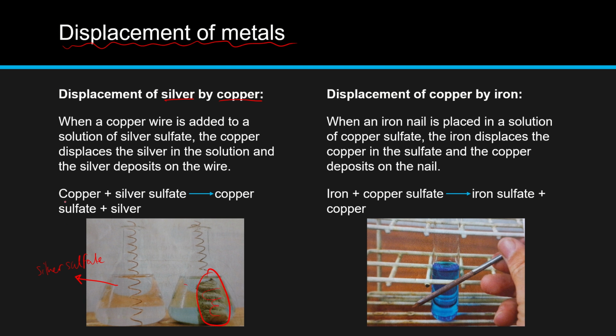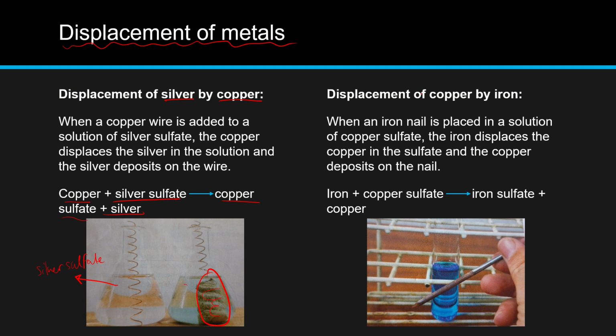That can be represented by copper plus silver sulfate gives copper sulfate plus silver. Same thing is explained in this paragraph. When a copper wire is added to a solution of silver sulfate, the copper displaces the silver in the solution and the silver deposits on the wire.